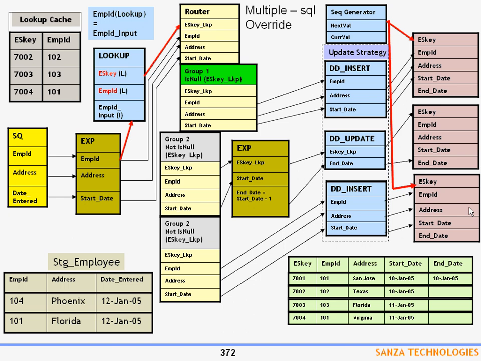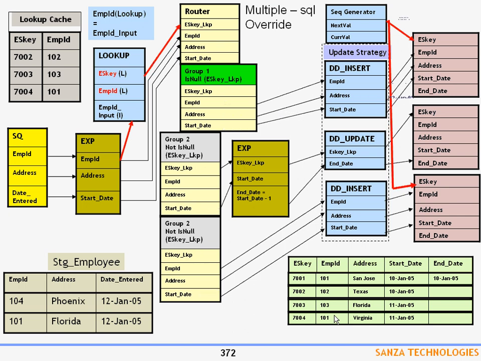So when it scans the cache, how did it get only the 7002, 7003 and 7004 records? Because their end date is null. When we want to update, we want to update the record where end date is null, the record which is already there in the dimension. That's why you do the SQL override in the lookup.